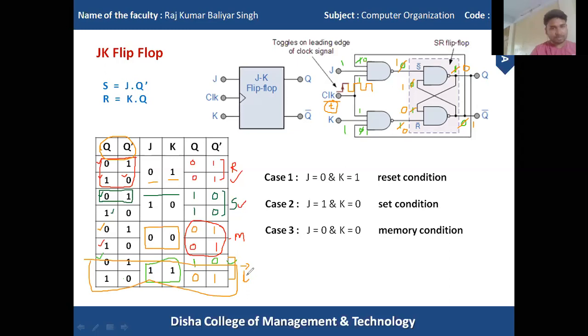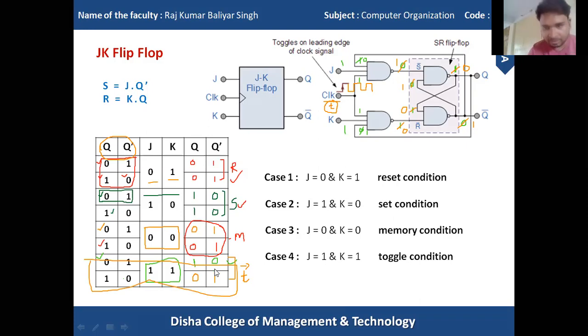But this toggle condition is not violating the rule of flip flop, because if Q equals 1 and Q not equals 1, then we say that it violates the rule and we cannot determine the state. But for this case, when Q equals 1 but Q not equals 0, after some changes of Q and Q naught value with the same clock cycle, we are getting Q equals 0 and Q naught equals 1.